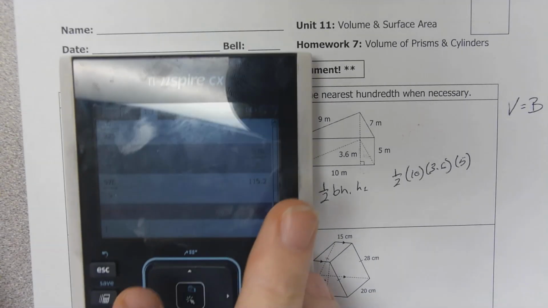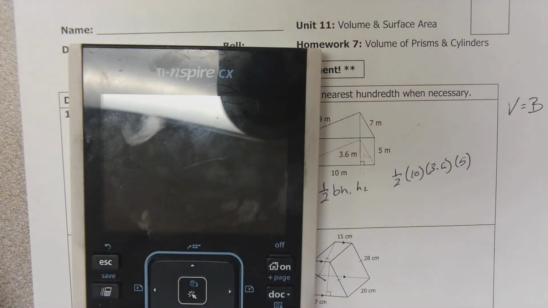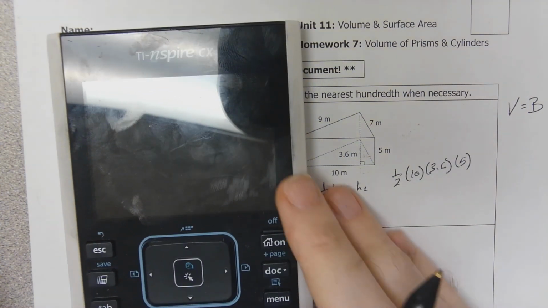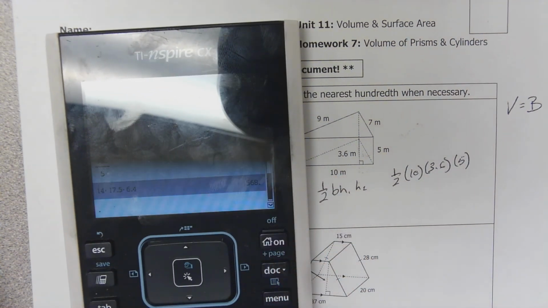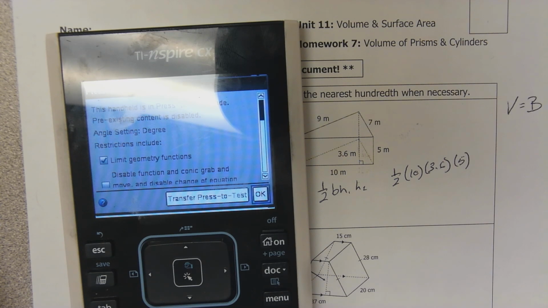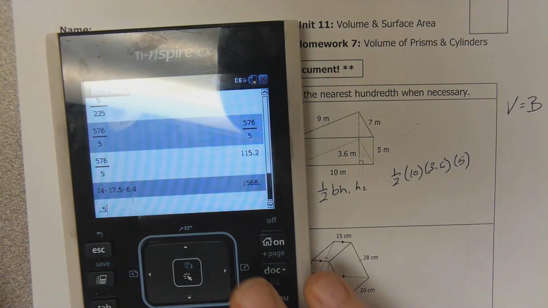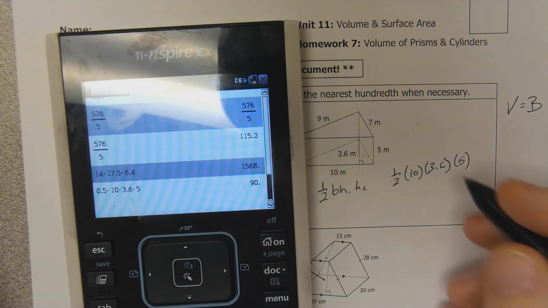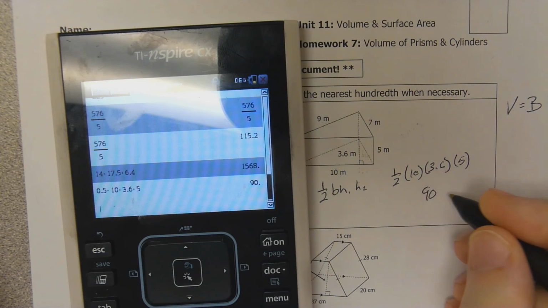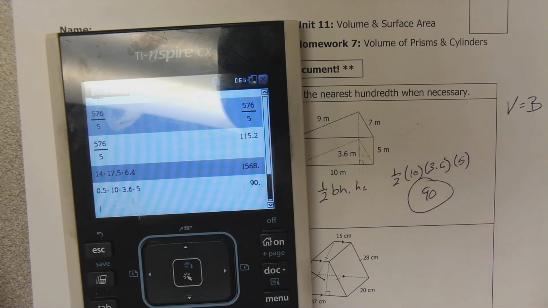So again, we do 0.5, times 10 times 3.6 times 5. And we get 90. And that's it. All done. Move on.